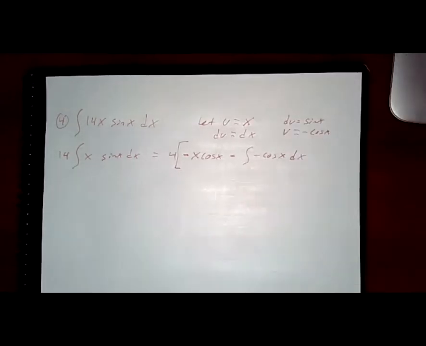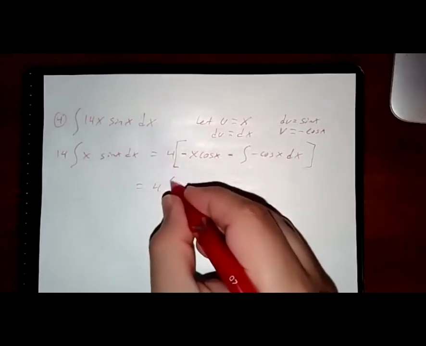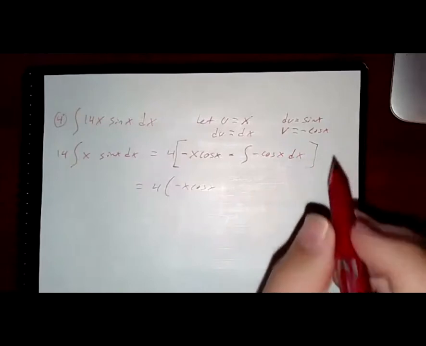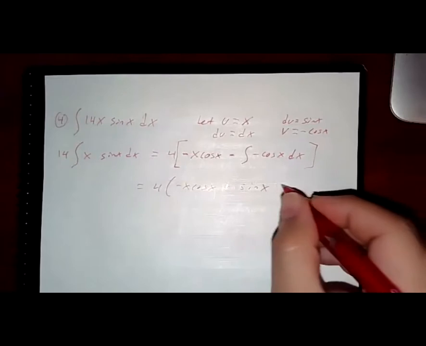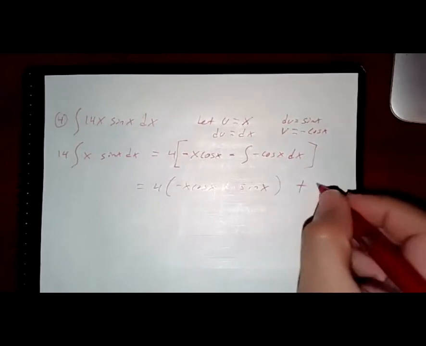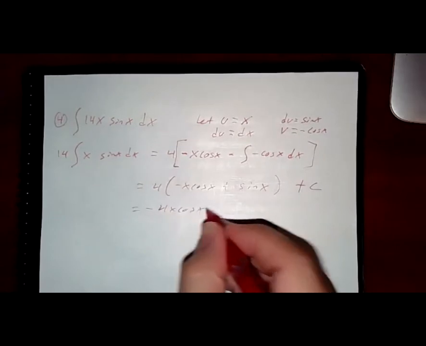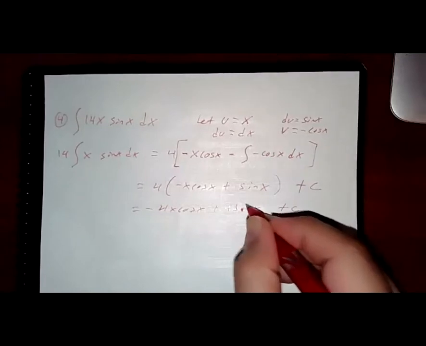So minus a minus will be a plus. So that'll be 4 times negative x cosine x plus the integral of cosine would be sine plus c. So my final answer will be negative 4x cosine x plus 4 sine x plus c.